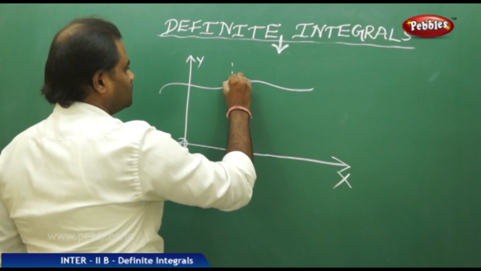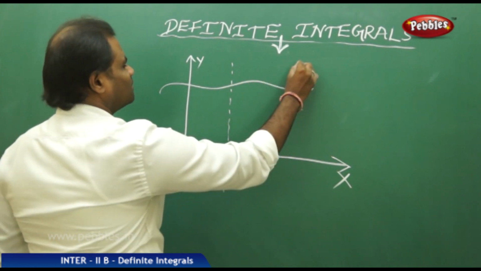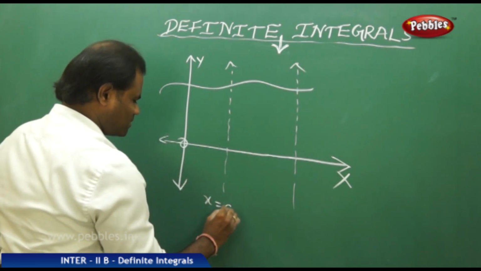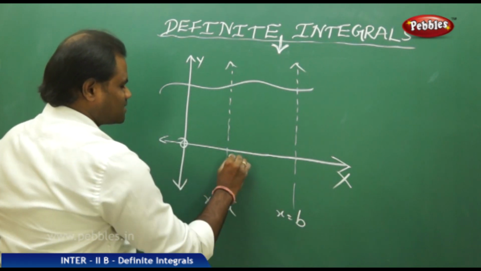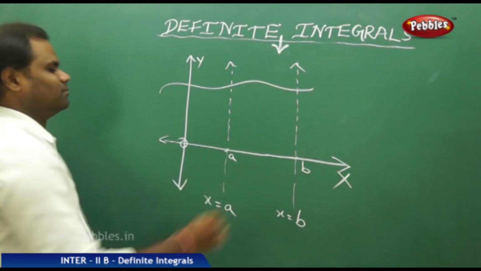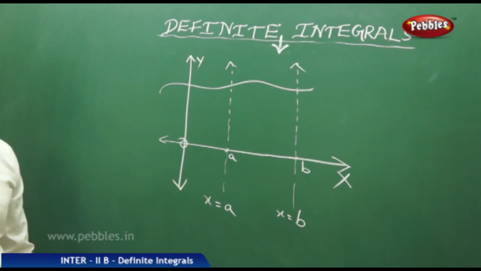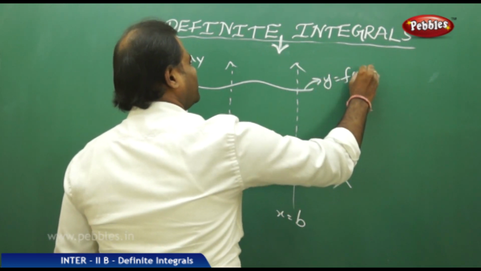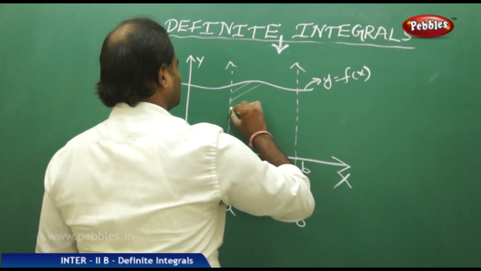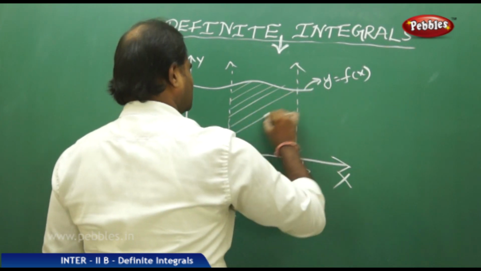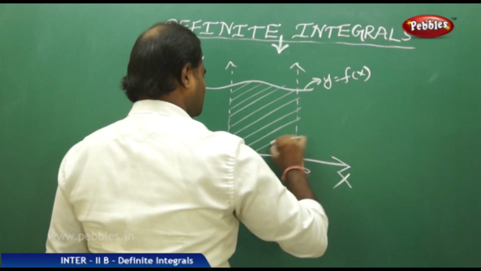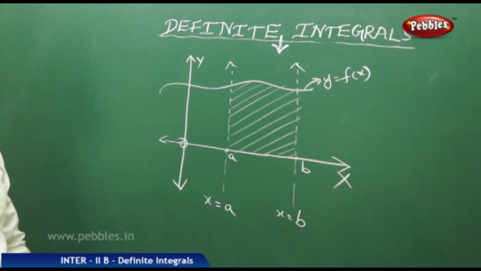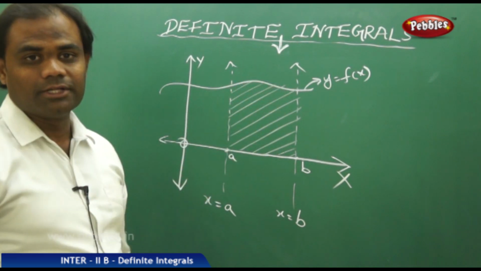Now I have two lines, x equals a and x equals b, which are parallel to the y-axis, and I want to find the area under the curve which is irregularly shaped. How do I find it?